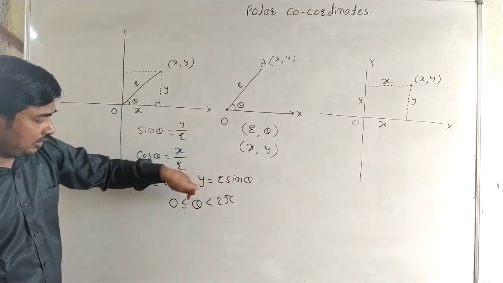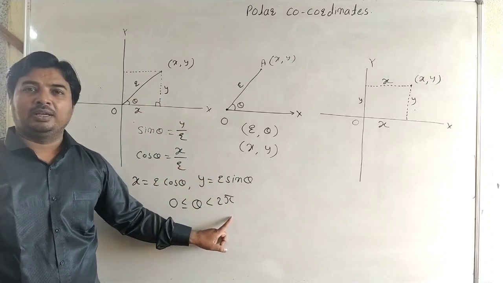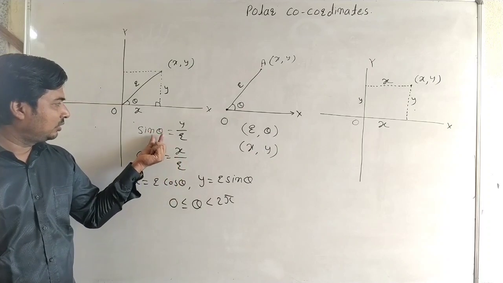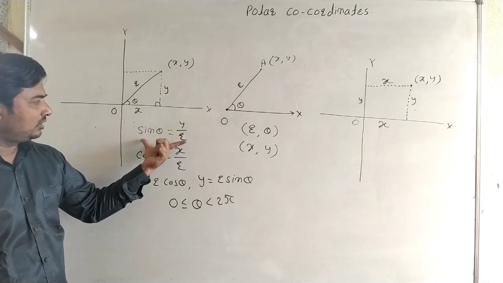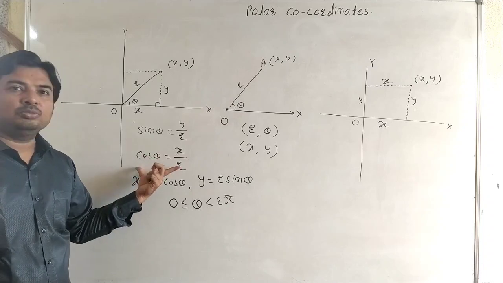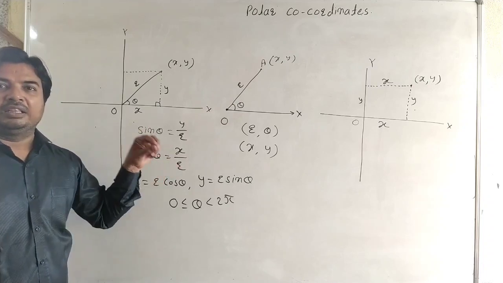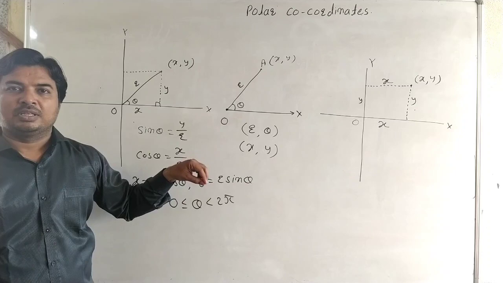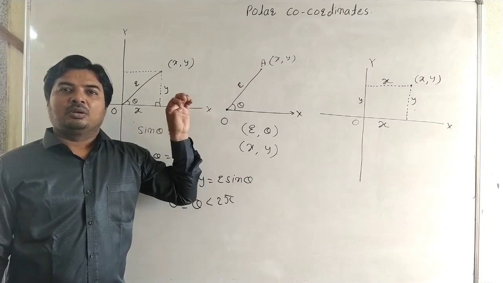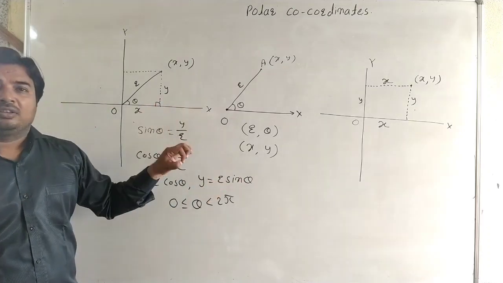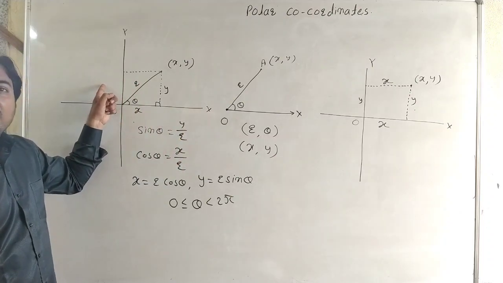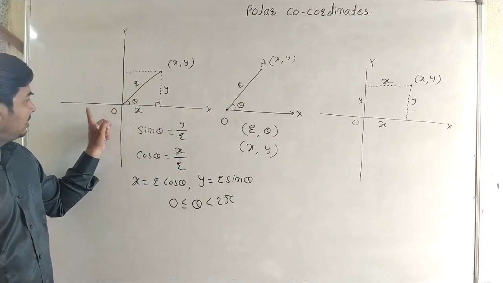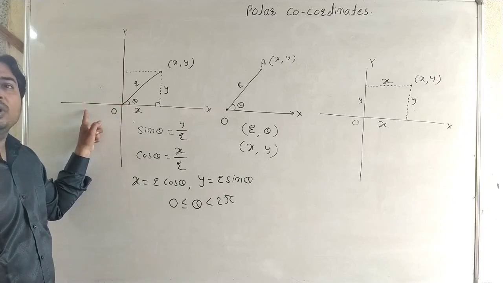Like that, the principal solution is 0 to 2 pi. That means finding the value of theta is the principal solution of that relation. The position of theta depends on the Cartesian coordinates, or the quadrant in which the point lies. When the point lies in the second quadrant, it is between 90 and 180.